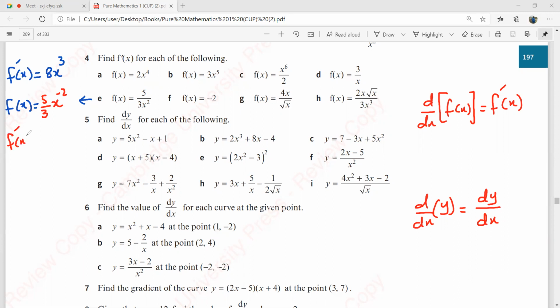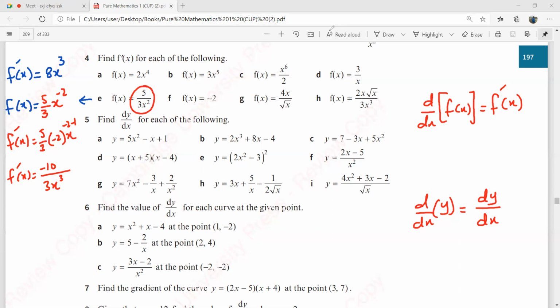So this f dash of x would be 5 over 3 times minus 2 and x raised to power minus 2 minus 1. Finally, this f dash of x is going to be minus 10 over 3, and you can write it as x cubed down here because this is x to the power minus 3. You should write it the way they had written the original expression.